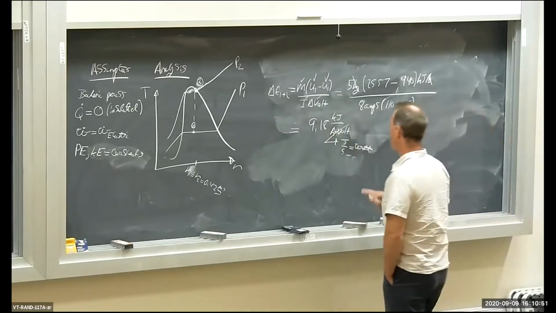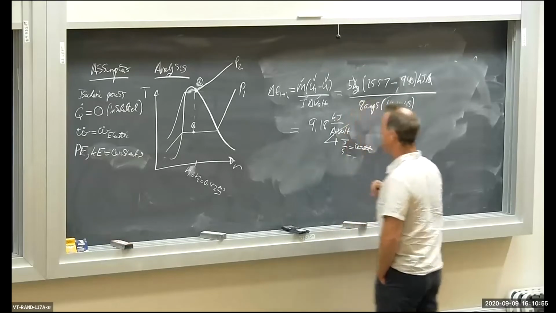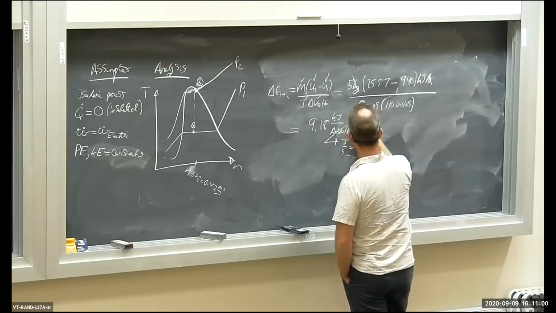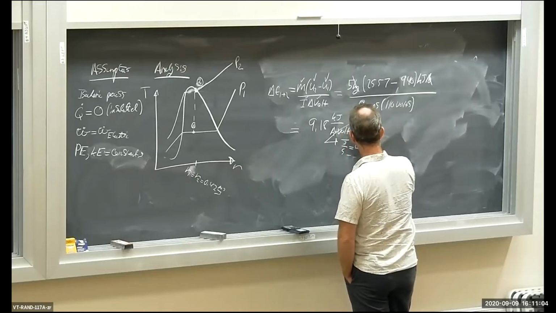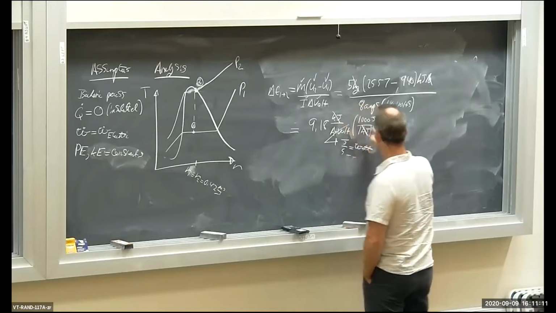I need to convert that into kilojoules so that it will cancel out properly with what's in the numerator. There are 1,000 joules per kilojoule. The kilojoules cancel out and I get joules.